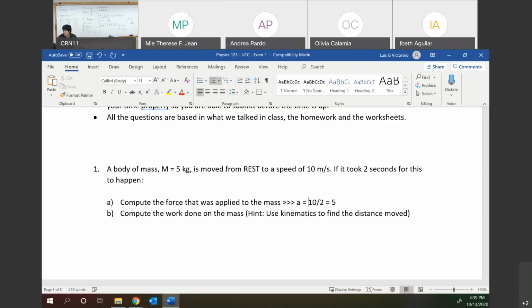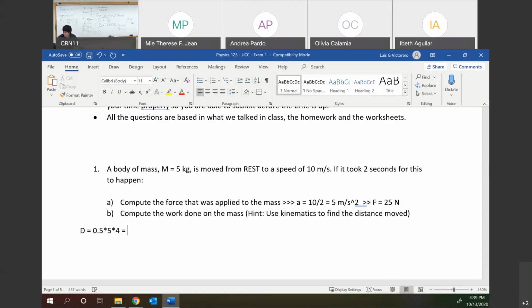If you have the acceleration, then that's it, right? And then the units, seconds squared. So the force was 25 newtons. And then the work was force and distance. The distance was just 1/2 acceleration times time squared, which is how much? 4.